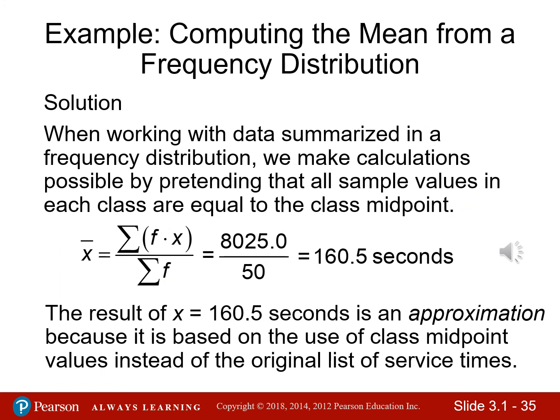Now let's look at the formula for the mean of a frequency distribution. We have x bar equals 8,025 divided by 50. That equals 160.5 seconds. So we would say that the mean service time is approximately 160.5 seconds.